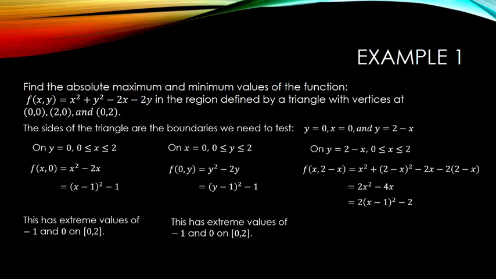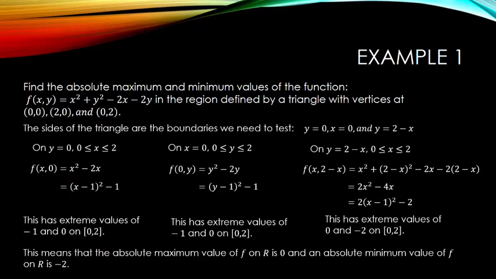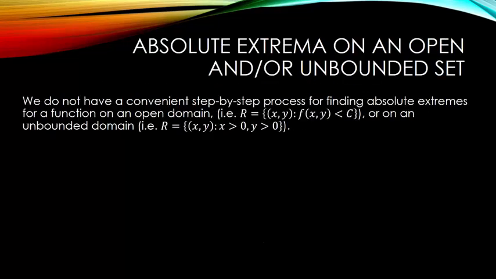Again, completing the square gives me 2 times the quantity x minus 1 squared, minus 2. This has extreme values of 0 and -2 on the interval from 0 to 2. This means that the absolute maximum value of f on R is 0, and an absolute minimum value of f on R exists at -2.